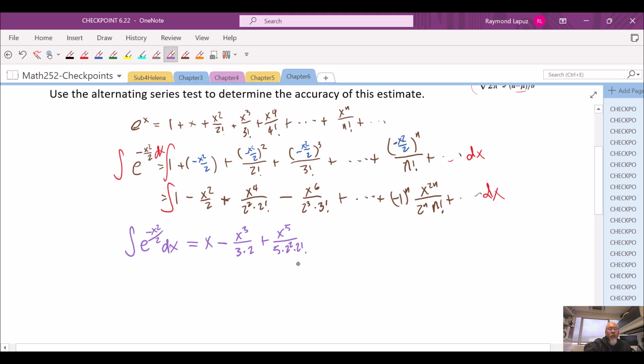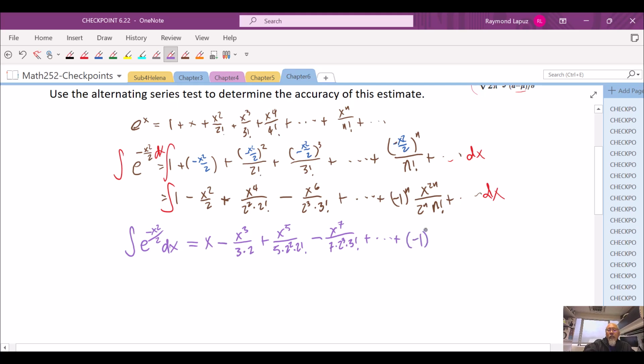No good way to combine that, so I'm going to leave it as is for now. Negative x to the 7th over 7 times 2 to the third times 3 factorial. You get to see the power for the 2 is like your n, and then the 7 would be like 2n plus 1 or something like that. But we'll see that here.